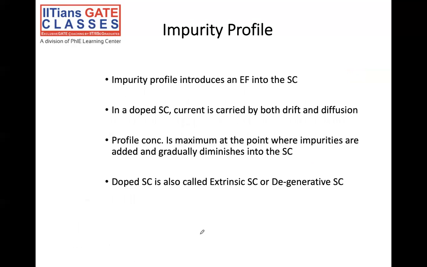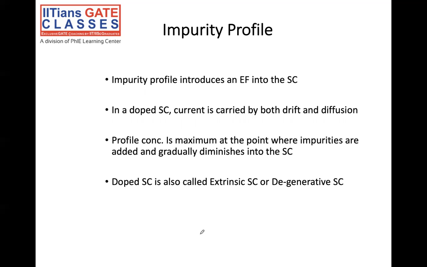Impurity profile, first of all, we should know that impurity profile means adding impurity atoms to the pure semiconductor. That is the doping process. But the impurity atoms we are adding create some potential gradient which produces some electric field.